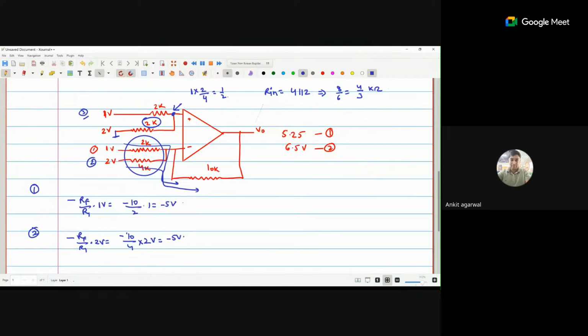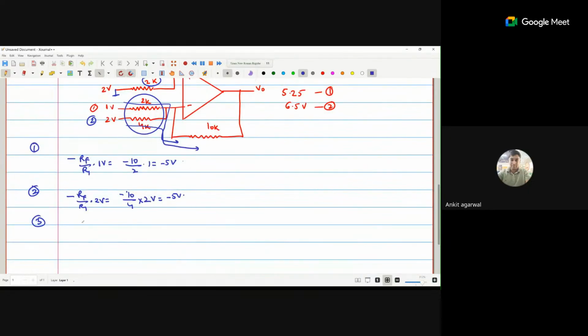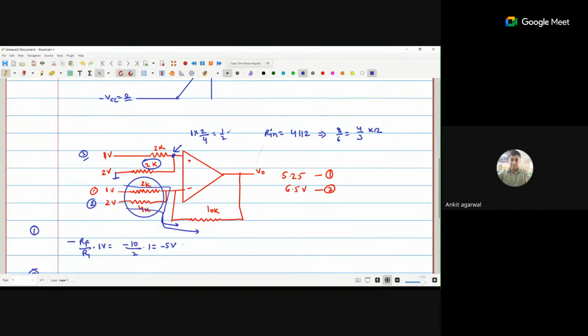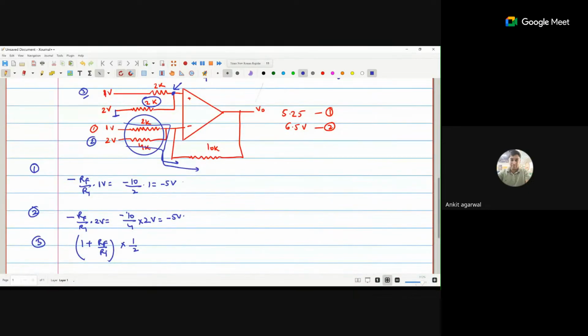Now with the help of the third circuit, I am getting 1 plus Rf by Rn into voltage 1 by 2. So that is equal to 1 plus Rf is 10, Rn is 4 by 3, into 1 by 2.